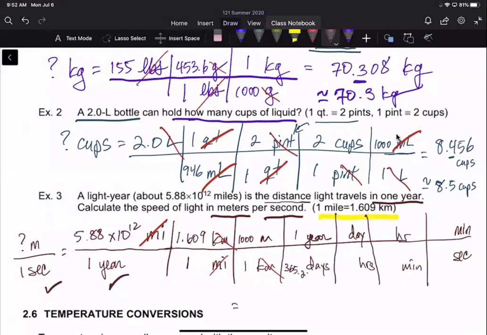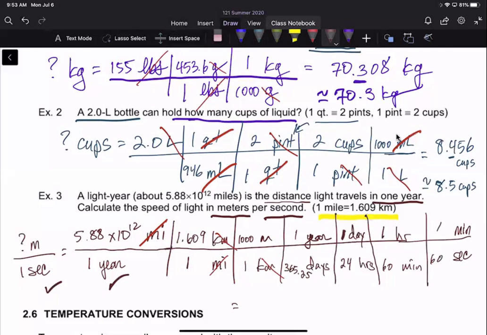Now, if you remember about leap years, we actually have 365.25 days in a year, but that probably won't make a huge difference in your answer. 1 day has 24 hours. 1 hour has 60 minutes, and 1 minute has 60 seconds.